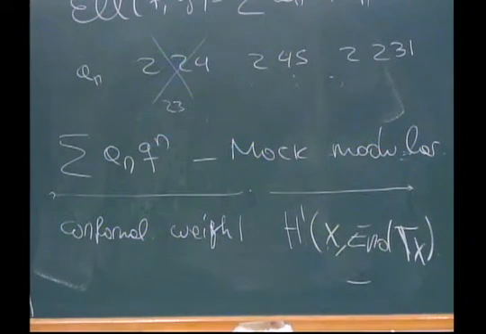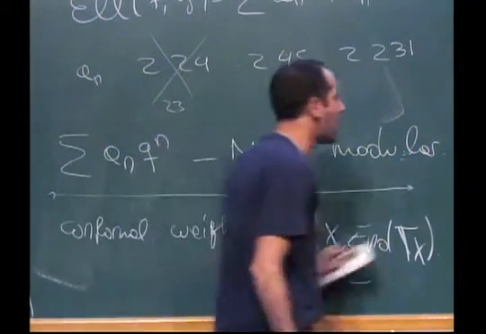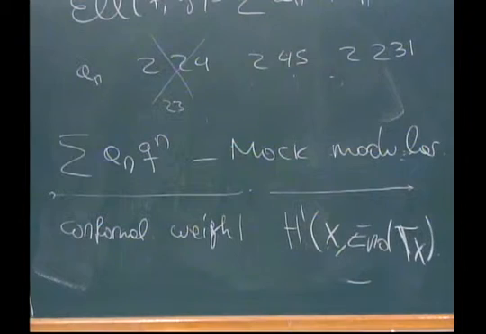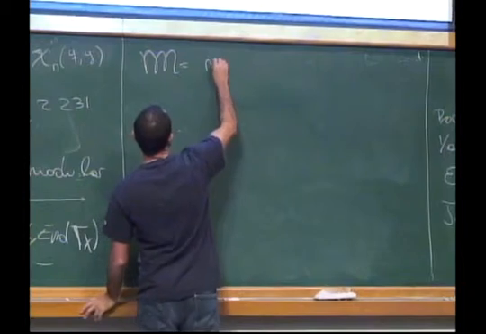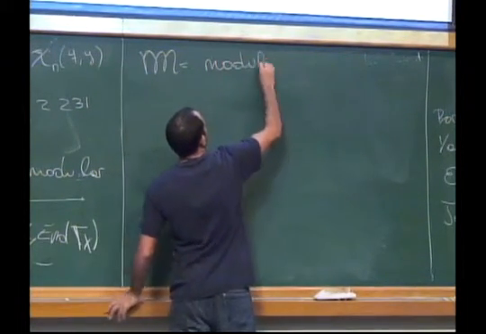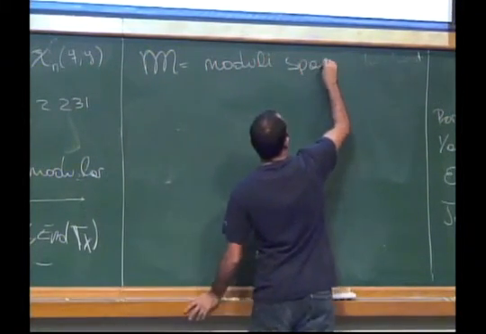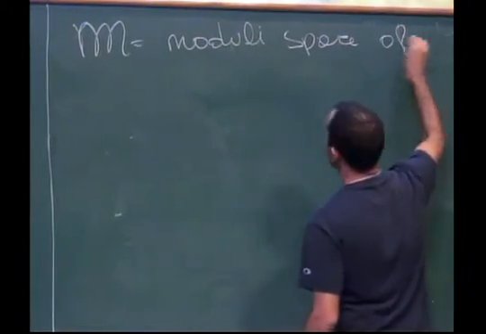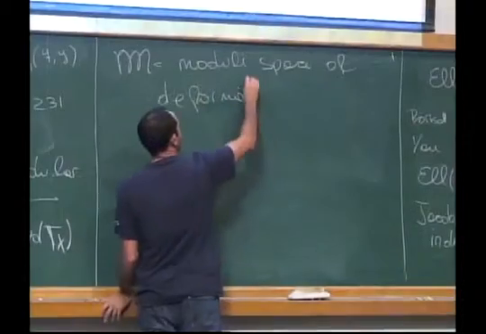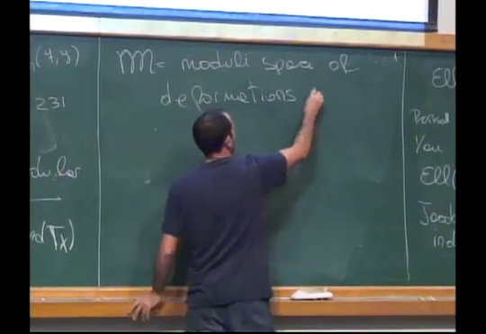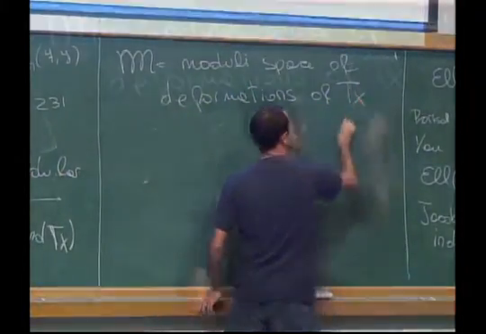Now, if you look at H1 of a bundle, that should be the tangent bundle to some moduli space. And indeed, this is a very well-studied moduli space. You look at M to be the moduli space of deformations of TX as sheaves.